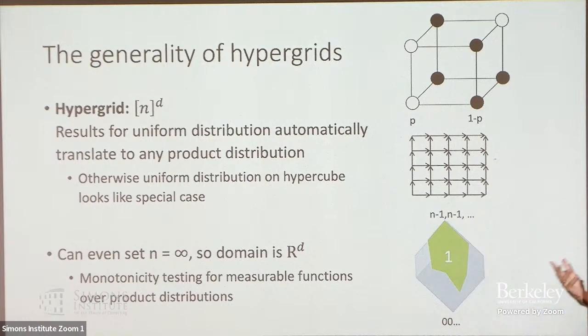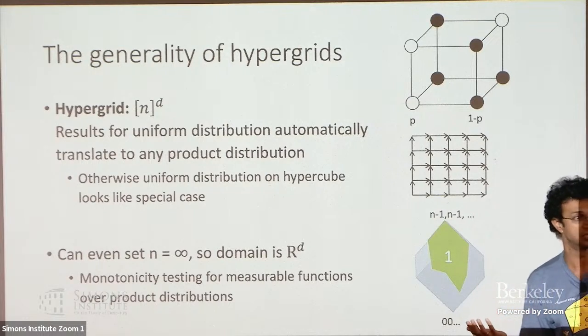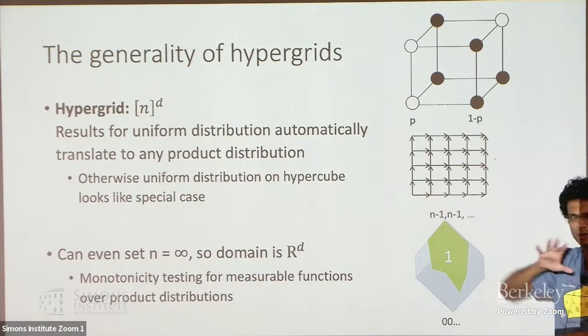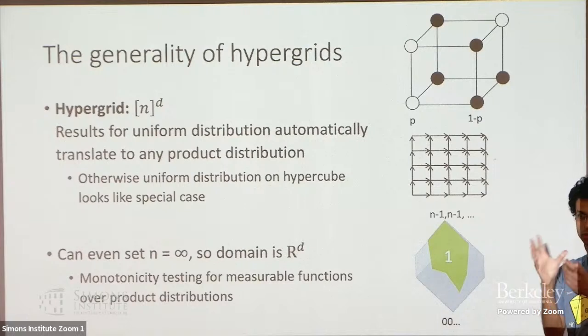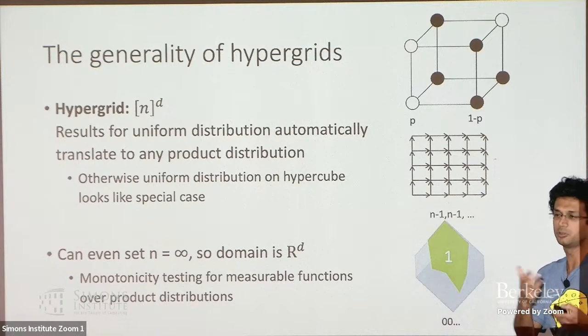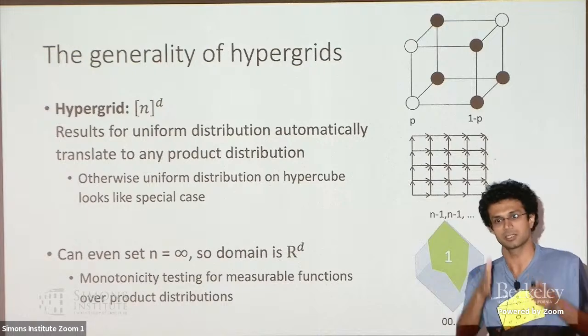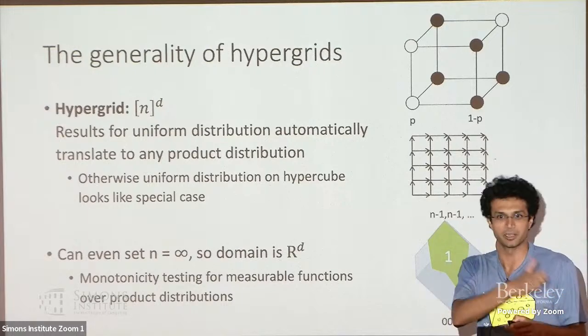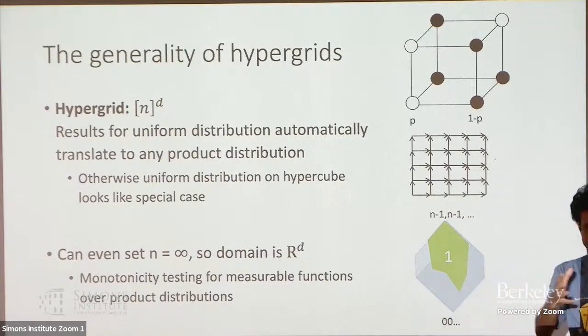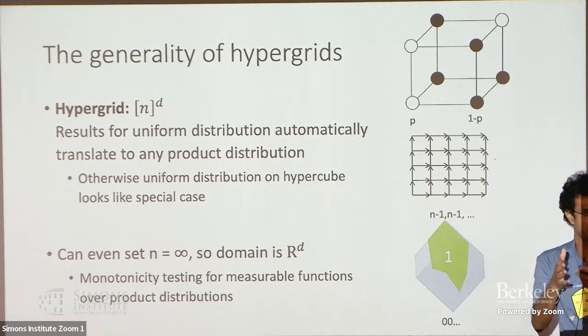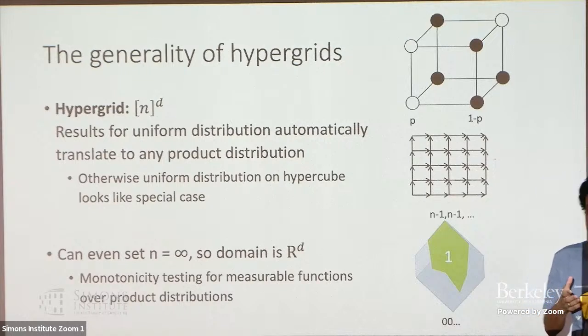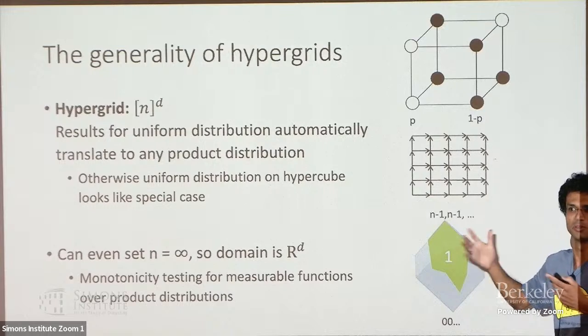And so that's why the hypergrids are really nice, because you get these product distributions for free just by doing uniform, which when you start thinking about it is a bit tricky, because when you think about the hypercube, often you use facts like, most of the mass is in the middle layers, so it's n over 2 plus or minus root n, and all the action is happening there. When you're in a non-uniform distribution, then you have to shift that. Some of those facts don't hold, and you wonder how do you generalize? But for hypergrids, somehow that problem goes away.